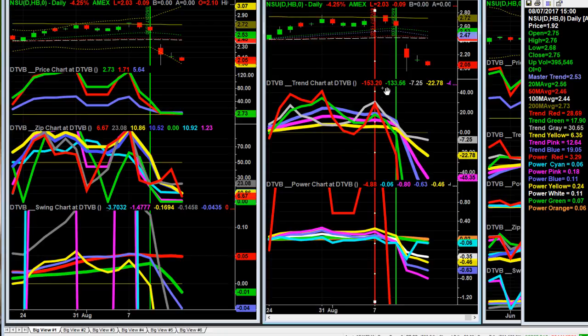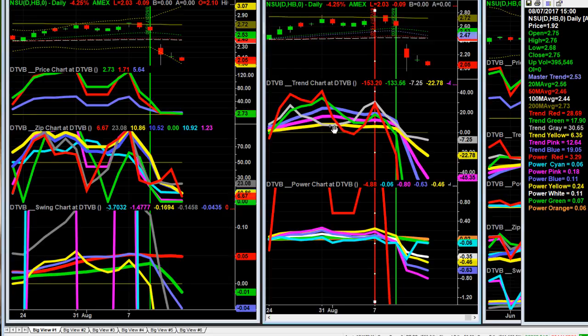And we're obviously after the divergent move that just took place with the price peak going up with the trend red line down. Green was down as well, and gray was up.